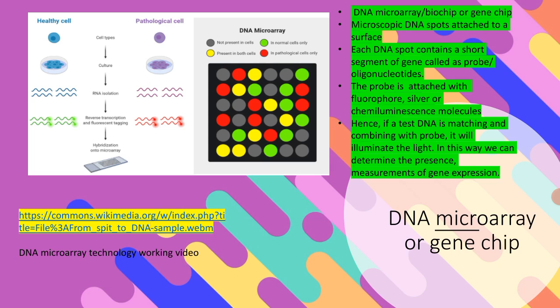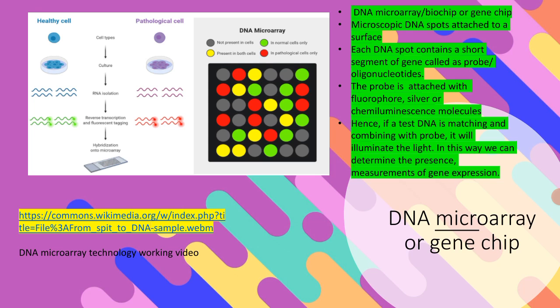The probe is attached with a fluorophore, silver, or luminescence molecule, so that when the reaction is positive, the fluorescence will emit light, and depending on that light emission, we will be able to identify whether the test antigen is present or absent in the given test sample.